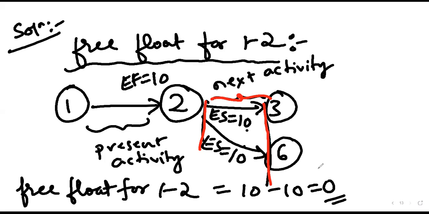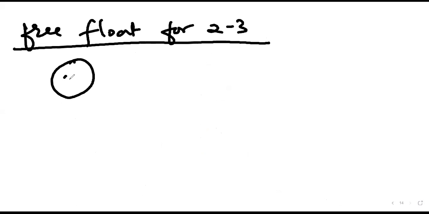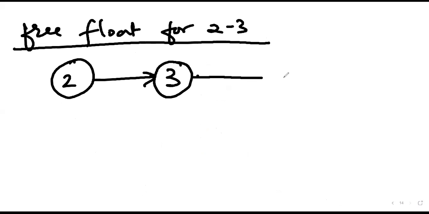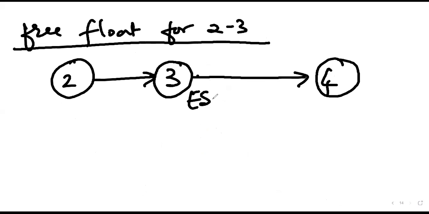So this is the second activity after 1-2: 2-3. Free float for 2-3. Okay. So in this case, after 2-3, which activity follows? 3-4. The early start of 3-4. What is the early start for 3-4? 35.